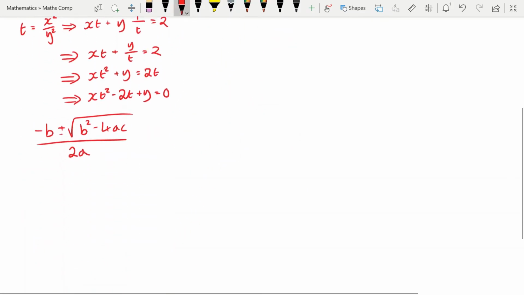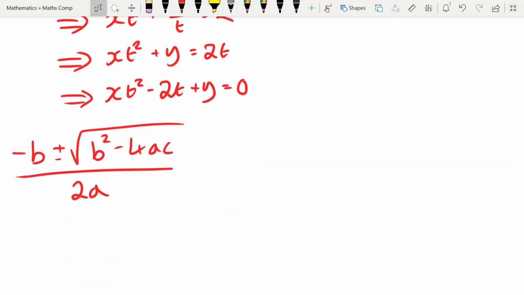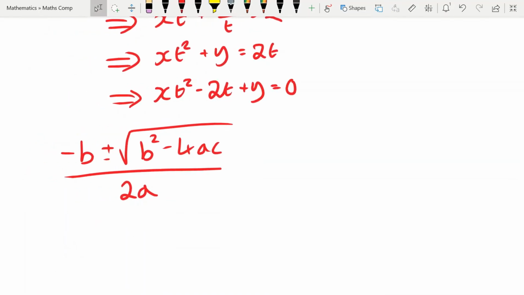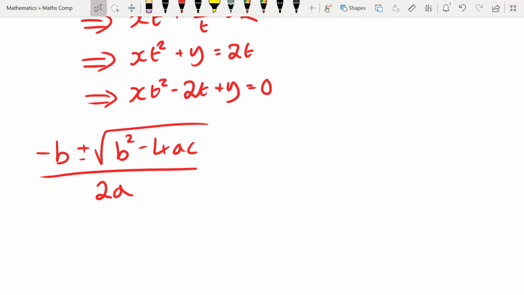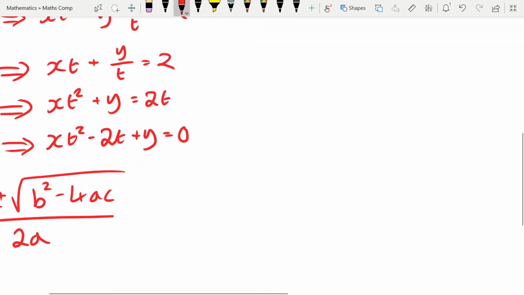If you've got a quadratic and it has rational roots, then the square root must be a perfect square for the roots to be rational. If it's not, then they'll have irrational roots. So from that we can say the discriminant of this equation must be a perfect square.